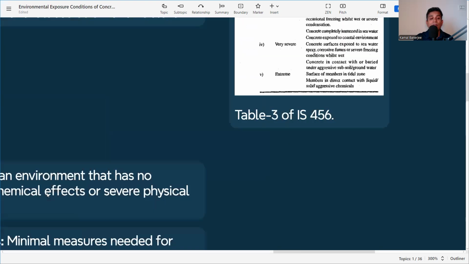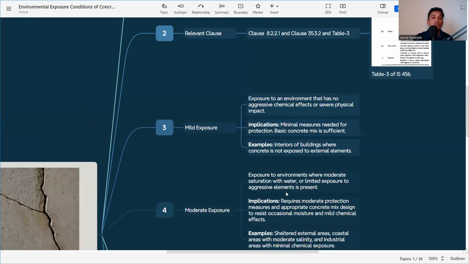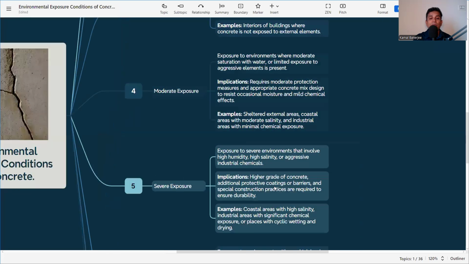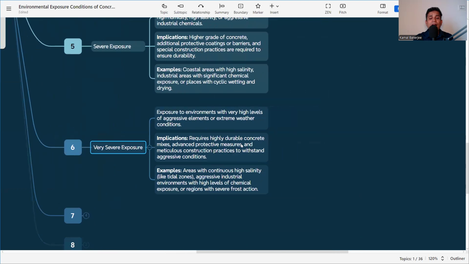And if the very severe condition is there, we need to protect our concrete very carefully, and we need to choose what grade of concrete can be okay. So it is saying it requires highly durable concrete mixes, advanced protective measures, and meticulous construction practice to withstand aggressive conditions.